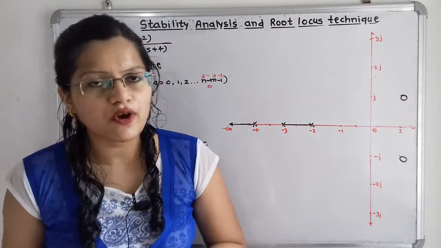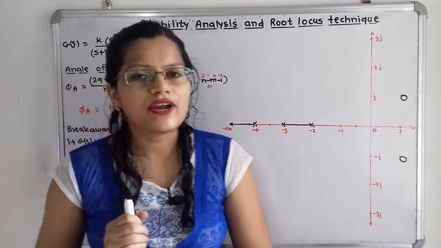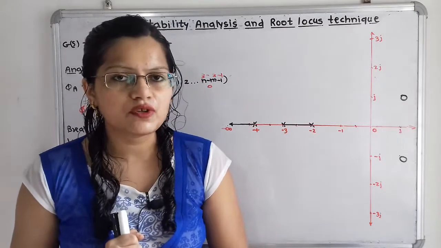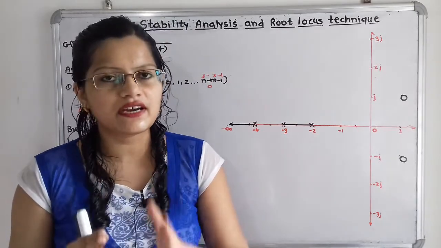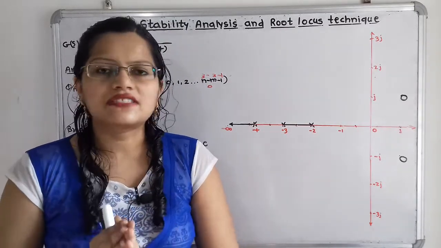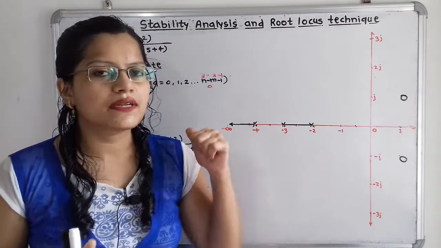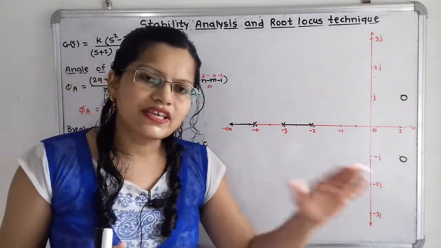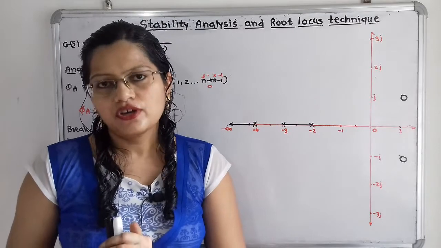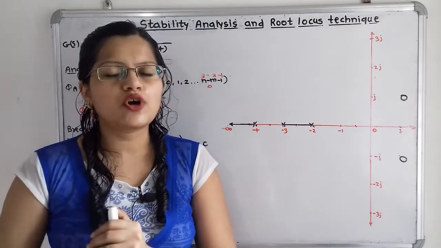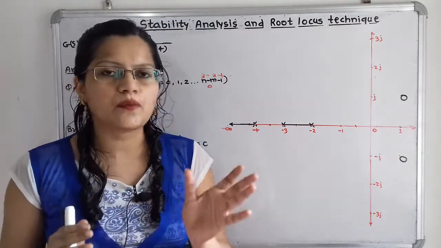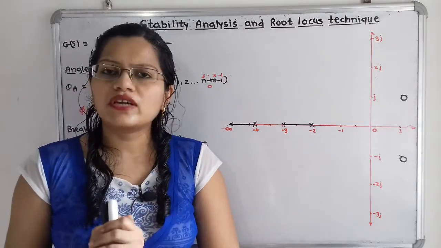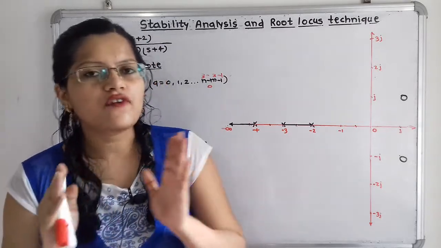And what is the meaning of centroid? It is the point of intersection of asymptotes on the real axis. But here the whole branch that will start from the real pole will terminate to infinity along the real axis only. So we have to select the range of points such that all these points that will terminate to infinity are part of the root locus.